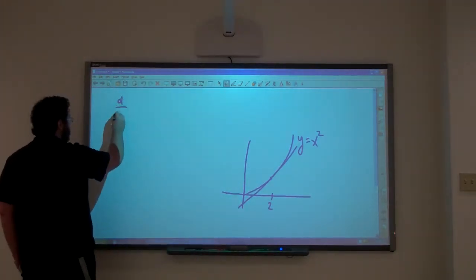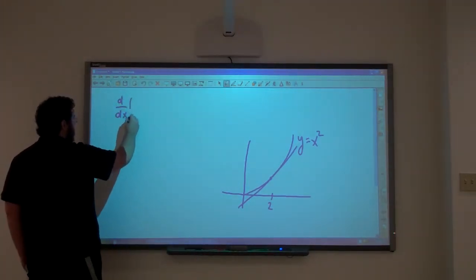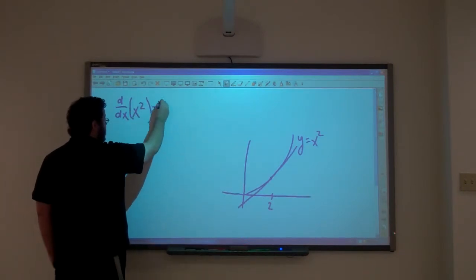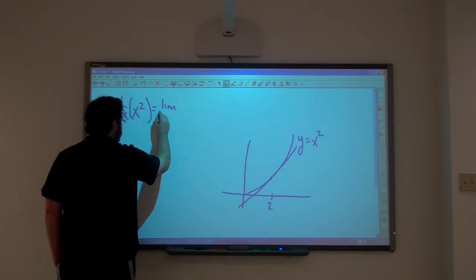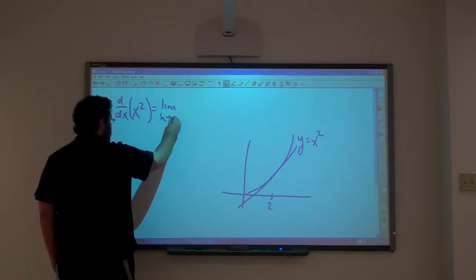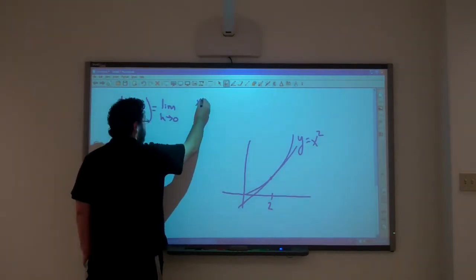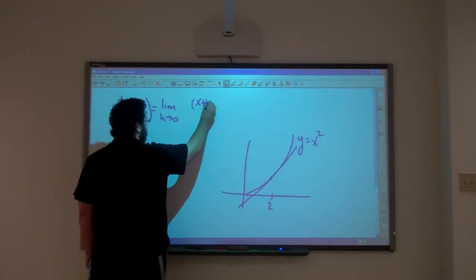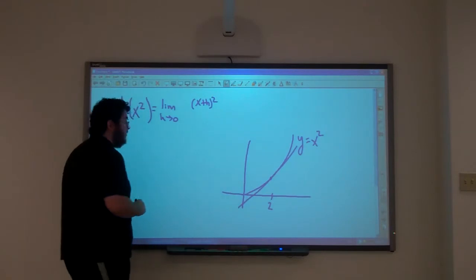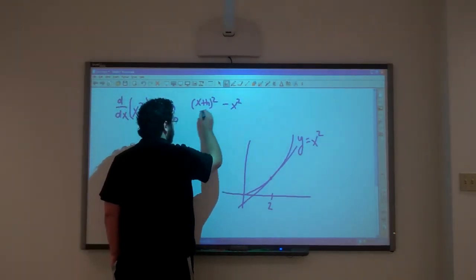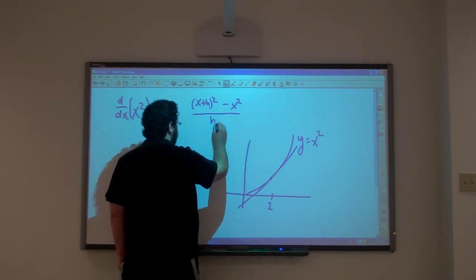Take the derivative of x squared. Okay, so we start with our limit. Now we have to do f of x plus h. So that's going to be x plus h, quantity squared, minus f of x, all divided by h.